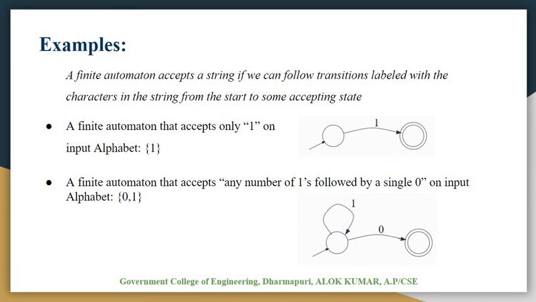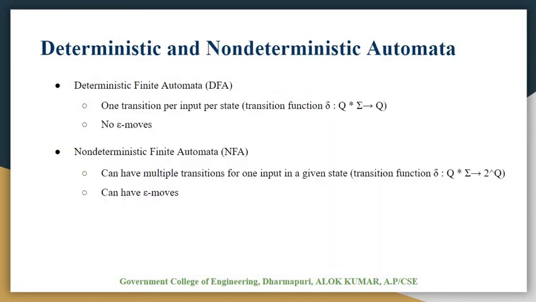Finite automata can be of two types: DFA and NFA, that is, deterministic finite automata and non-deterministic finite automata. There is a little difference between DFA and NFA. In a DFA, there is one transition per input per state, so the transition function takes one state and one input symbol to one particular state, and there are no empty moves.